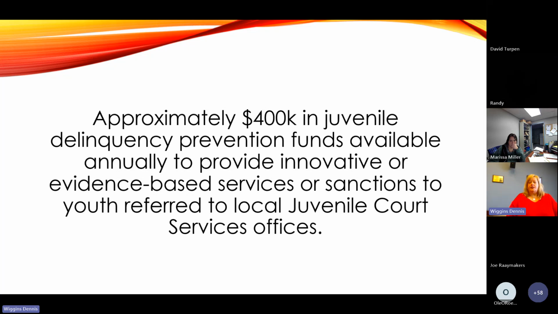Sometimes it's in-house work that they're doing as well, so it can go either way. But they're always the applicant. Part of that is because the intention with the federal money is to keep them actively involved in making the decisions about what the kids need locally. They are the juvenile court office, so we want them involved in deciding what kind of services are necessary and where the gaps are locally for them.